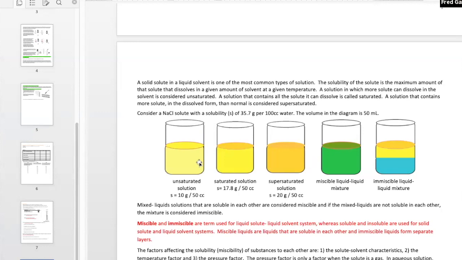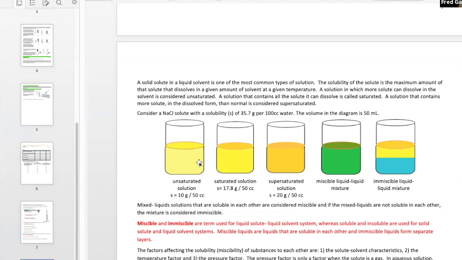When you reach the saturation amount, then 1 more crystal, 2 more crystals, and it won't dissolve any further. In fact, if you pass the saturation amount, so that you're adding salt by the teaspoon and you start to see the salt collect in the bottom, the solution itself will be saturated because it's not going to dissolve any more of the salt.